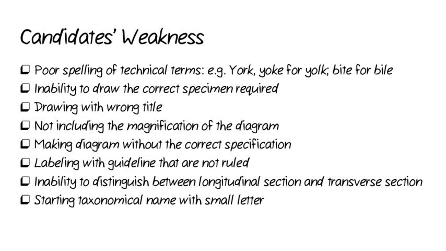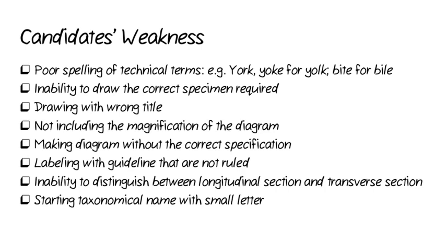On the 2016 paper, there were some mistakes made by candidates, and these are the mistakes. Candidates mistakenly spell yolk as Y-O-R-K and Y-O-K-E.